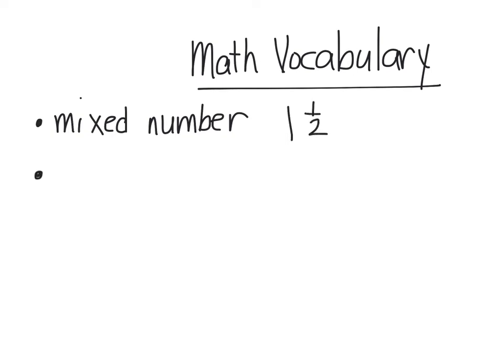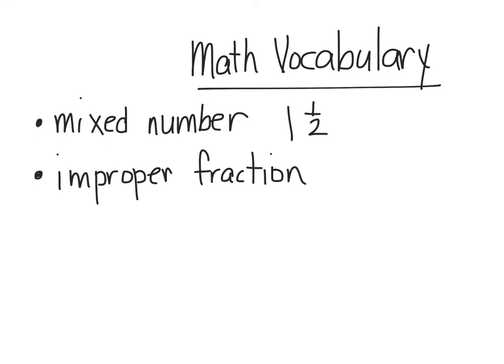And the next one would be improper fraction. And our example of that would be 3/2. So pause this video and copy this into page 58 in your workbook. Pause this video until you're ready.